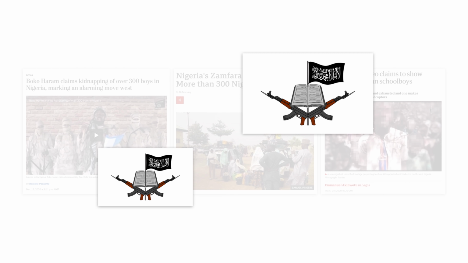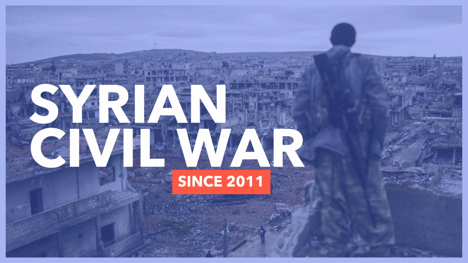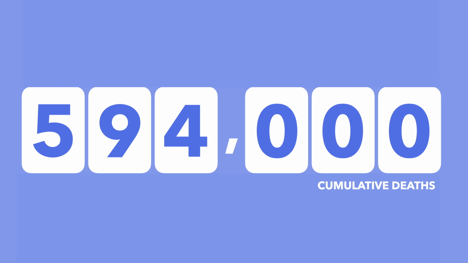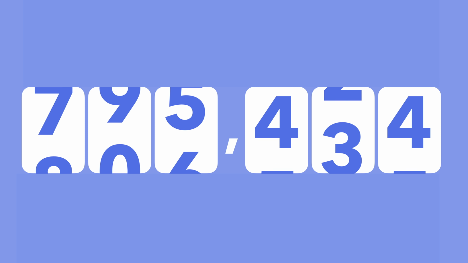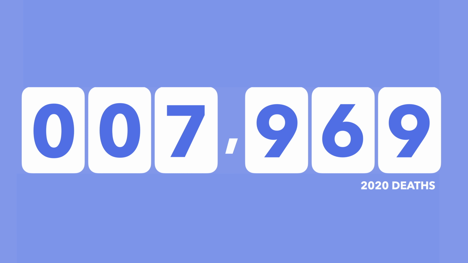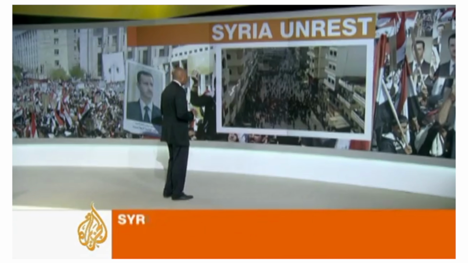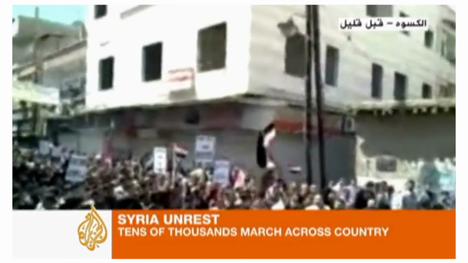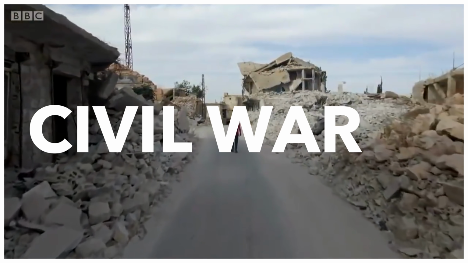The Syrian civil war, despite seeing hundreds of thousands of cumulative deaths, was slightly less damaging in 2020, resulting in it falling down the rankings. This conflict might have started as only protests against Assad's regime in 2011, but it quickly escalated into a full civil war.